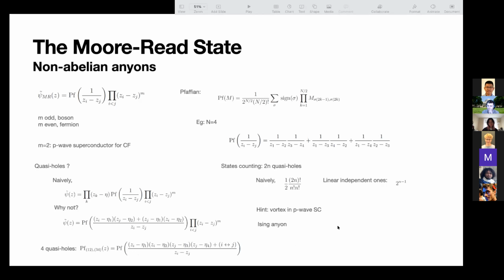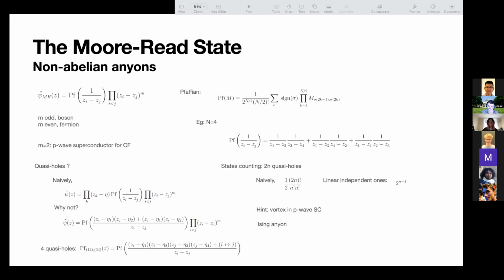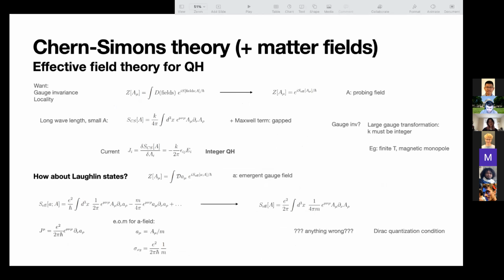So an alternative way of dealing with fractional quantum Hall is to take a coarse-grained approach and ask what the effective field theory for quantum Hall is.